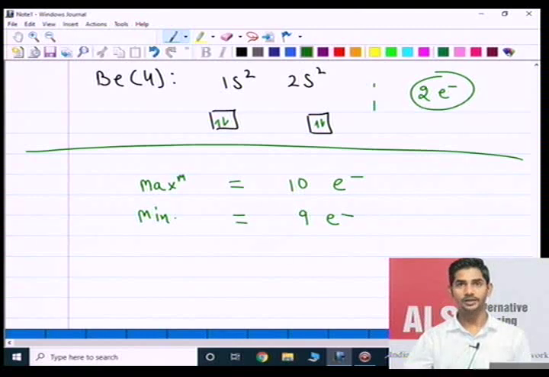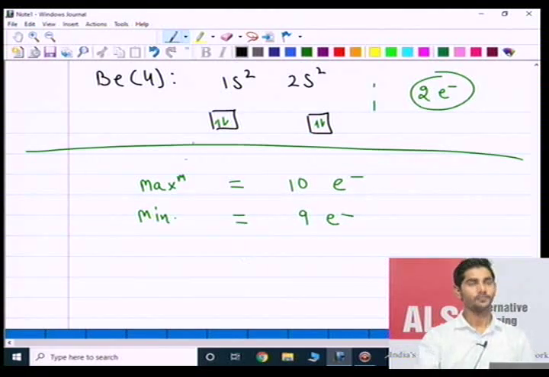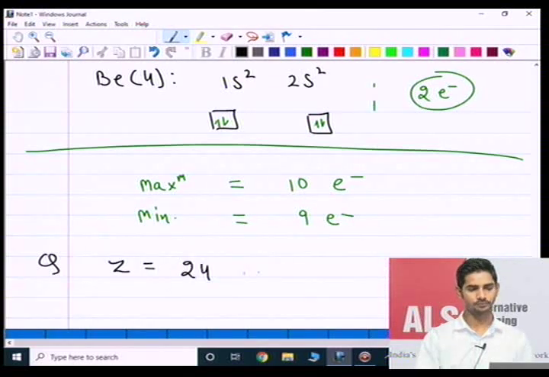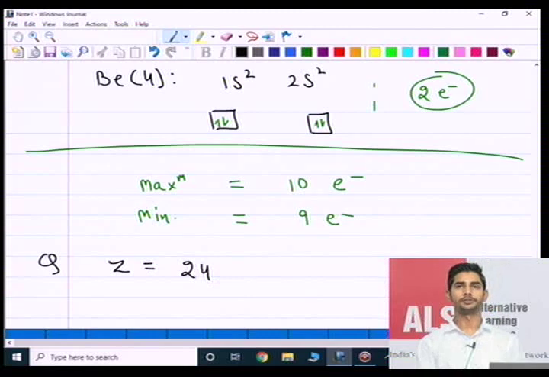Okay, guys, this is the question. I want everyone's name on the screen. Everyone has to solve this question. What about you, Itanagar and Tamelong? The question is, how many electrons will have the same spin? This time the atomic number is 24. Do this question. Atomic number 24. How many electrons will have the same spin?